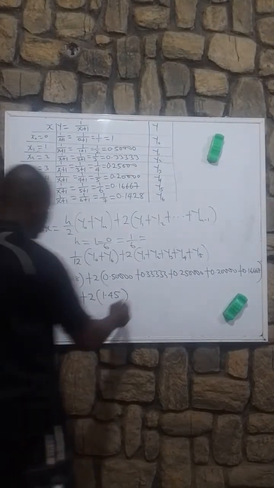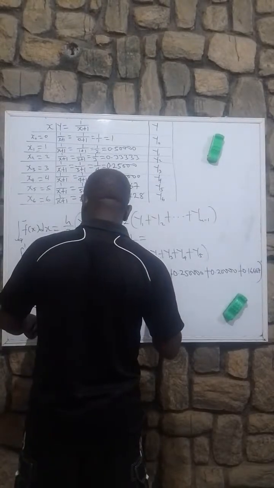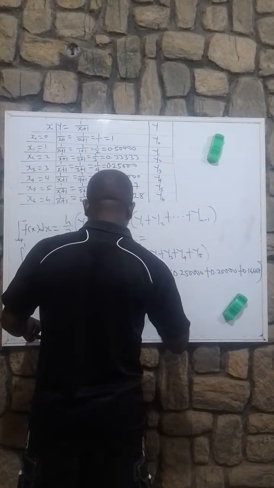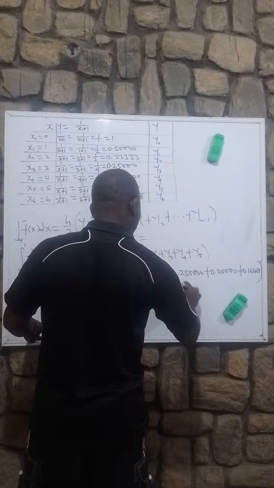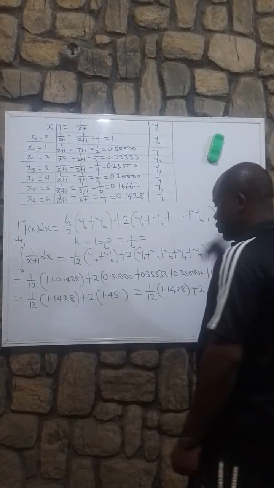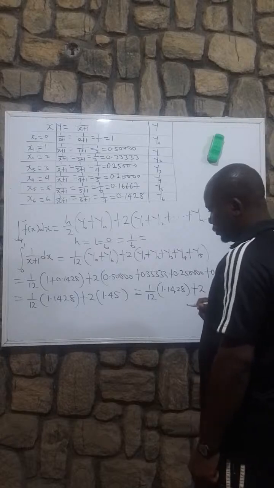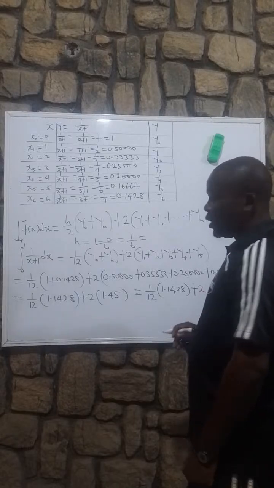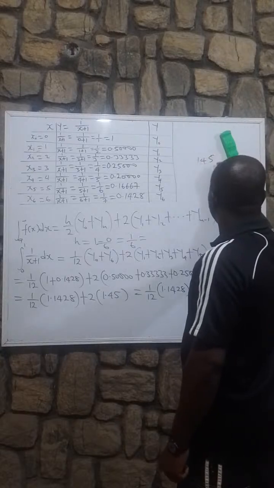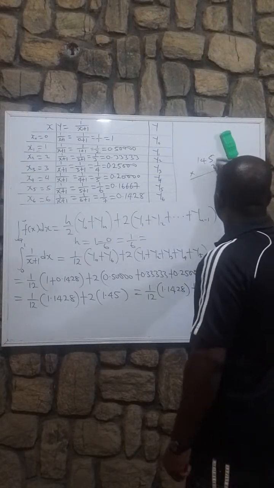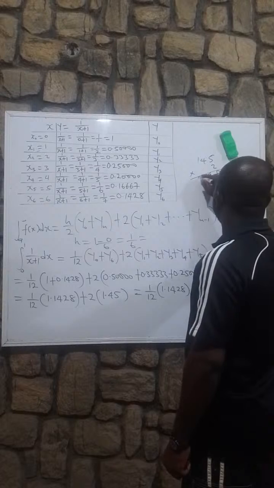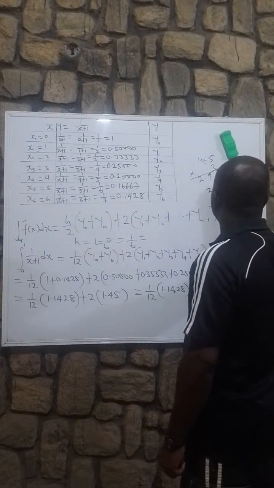I am multiplying by 2. 12, open bracket, 1.1428 plus, multiply by 2, you are supposed to have what? 2.90, right?